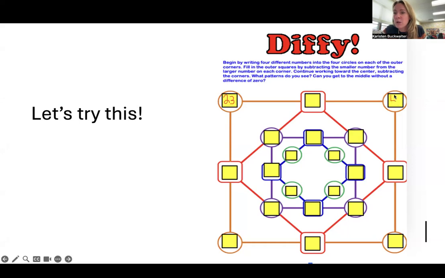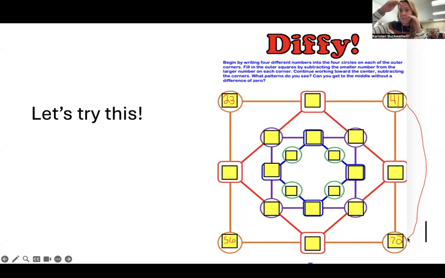Let's go 41, 56, and 72. Okay. Then what you have to do is find the 2 corners that are opposite each other. So let's say 41 and 72, and you have to find the difference of them.